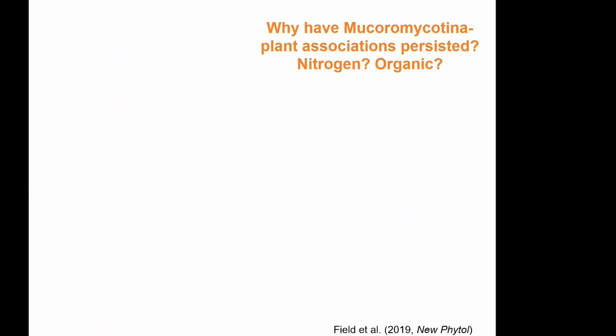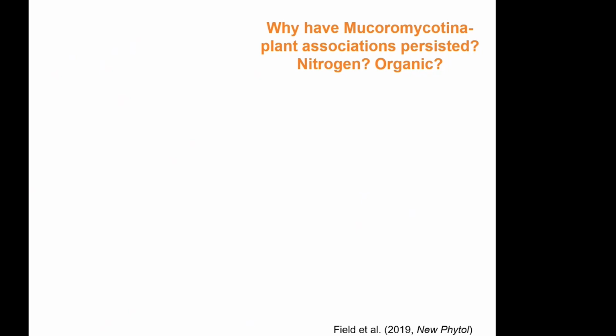Typically, plants only access inorganic forms of these nutrients, and we wanted to test this because Mucoromycotina have saprotrophic relatives, decaying fungi within the same family. Were they also able to decay material, unlike arbuscular mycorrhizas?